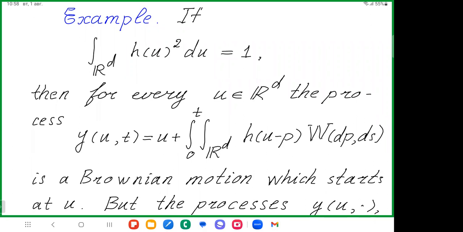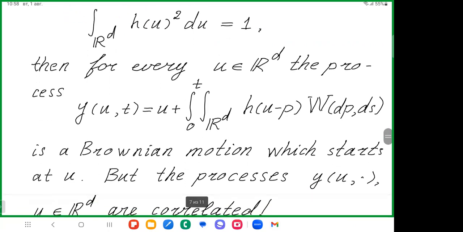So this Gaussian measure on the space and time gives us the possibility to construct a model of interacting Brownian motions in the space.